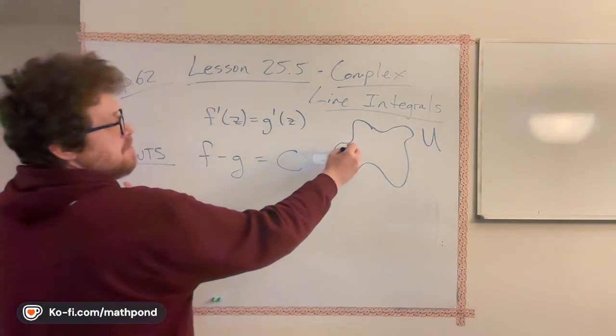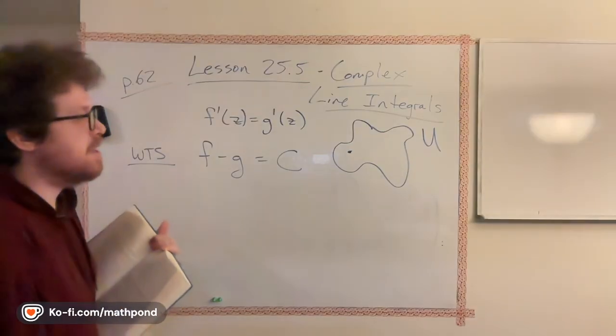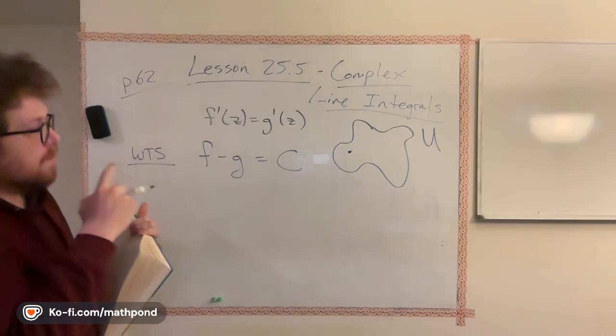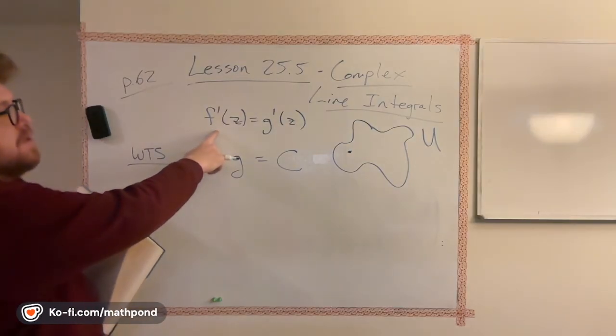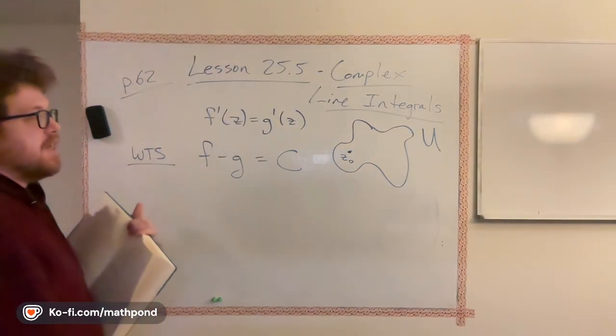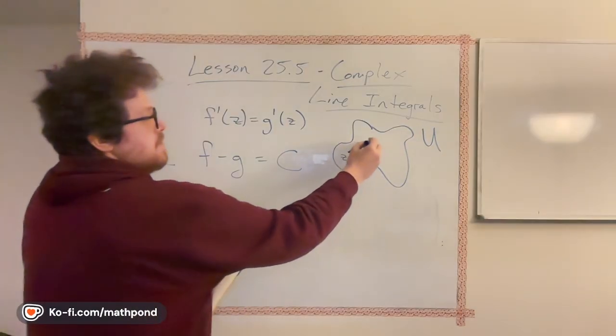We want to show f minus g is equal to some constant. If we know that the holomorphic antiderivative exists, we know that it's defined as the integral from some fixed point. I can define it at any point z naught, and take the integral to some point z.